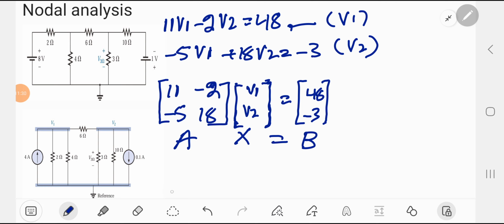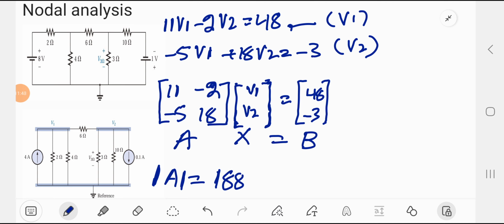So let's find the determinant of the A matrix, which is actually equal to 188.